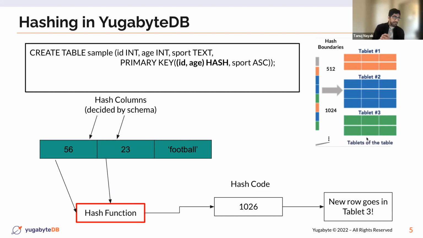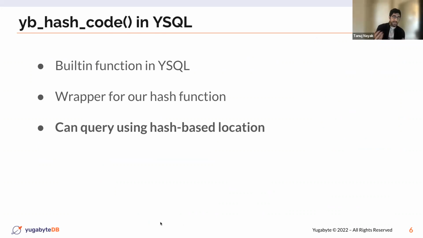And that brings us to what we know as ybhashcode. ybhashcode is a function that is a wrapper over this hash function. Essentially, we expose this hash function to the user via the ybhashcode feature. It is a function much like your everyday Postgres functions, such as max, min, average, standard deviation.